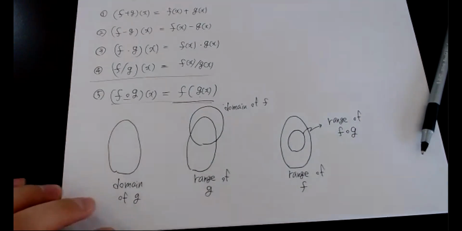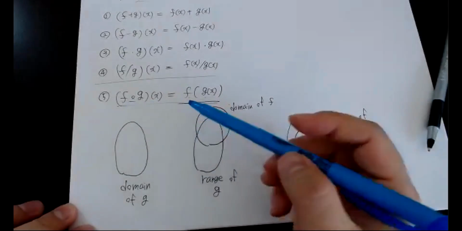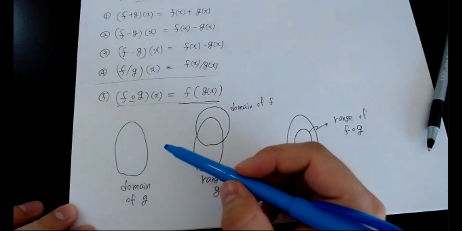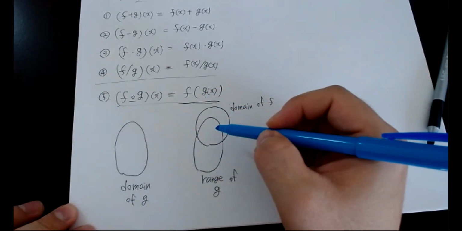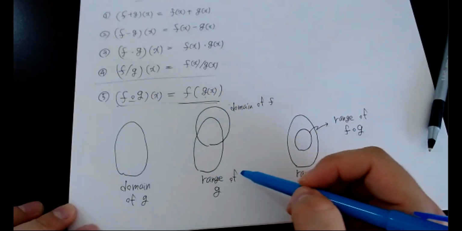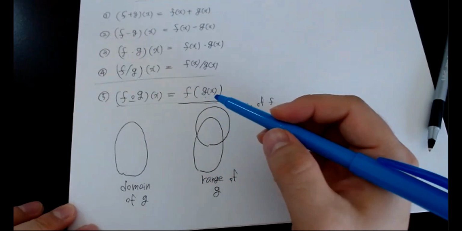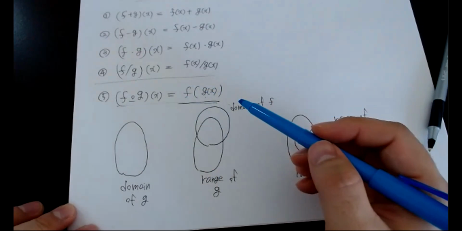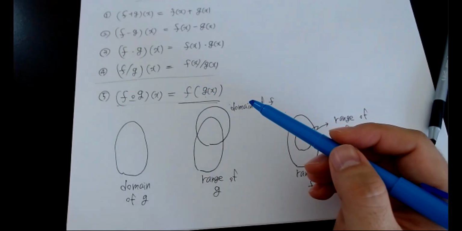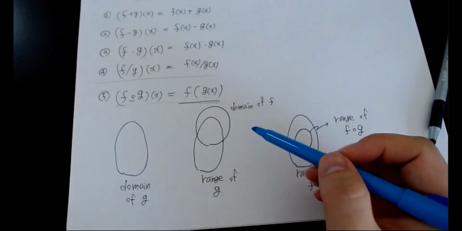So what that means, you see that? The f after g means that starting from the domain of g, we're going to get g of x, which is the output of g, and it's going to be part of the range of g. But some outputs of g of x do not belong to the domain of f.